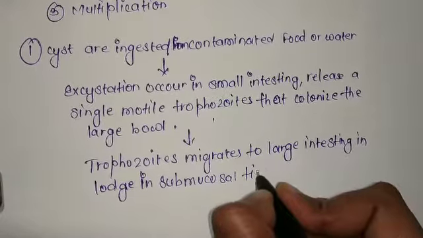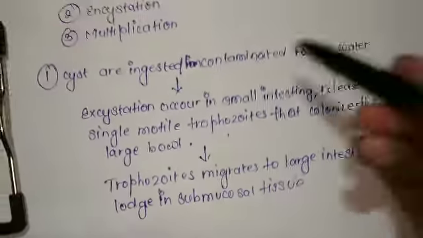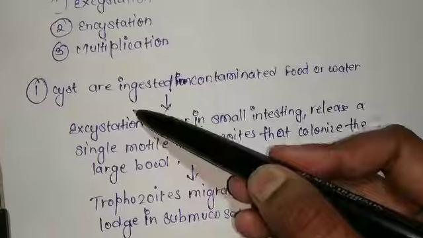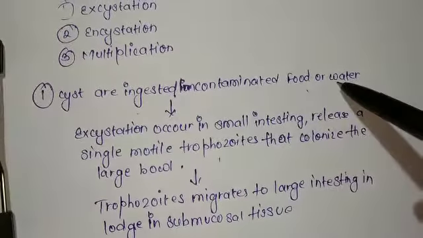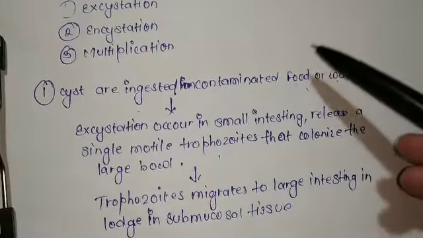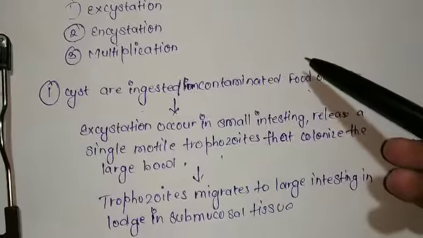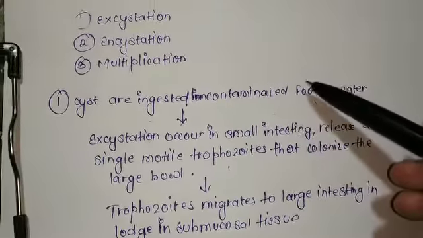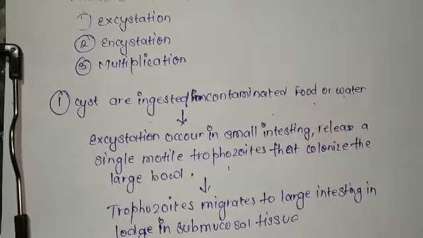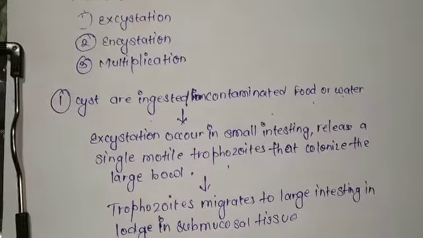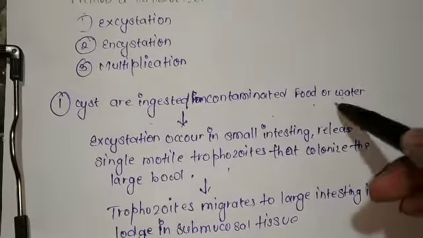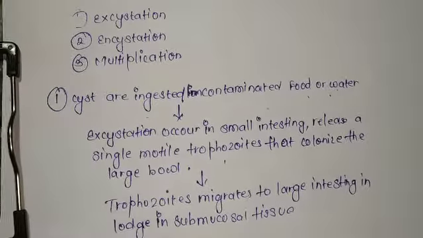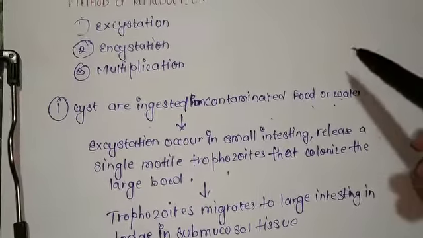This means when a person ingests cysts from contaminated food or water, as I discussed yesterday in the mode of transmission, for example if a farmer is growing vegetables with sewage water, that may contain many cysts.